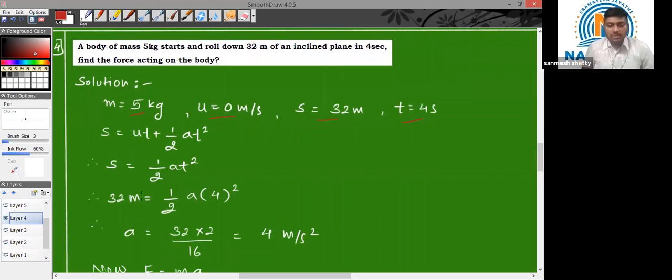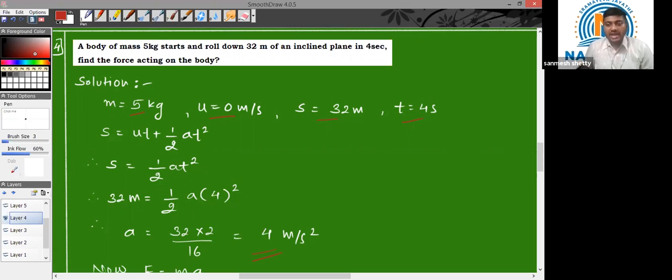Let us substitute the values. s is 32, half a as it is, and t is 4. We'll solve it for acceleration a. So a = 32 into 2 divided by 16. Square of 4 is 16. So this comes out to be 4 meter per second square. So the acceleration with which that object is rolling down is 4 meter per second square.